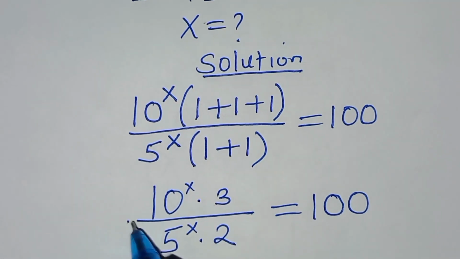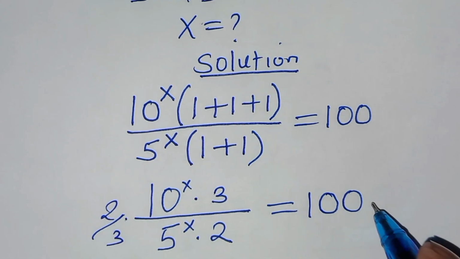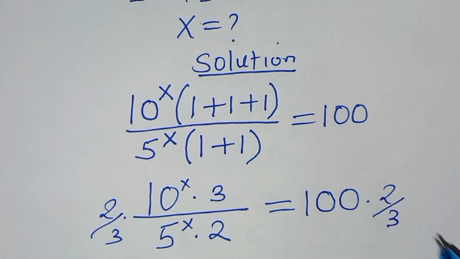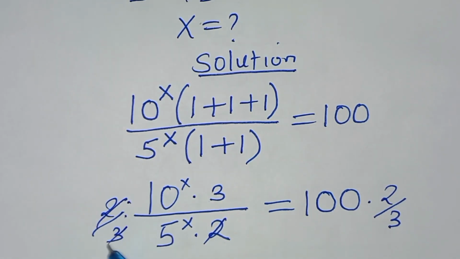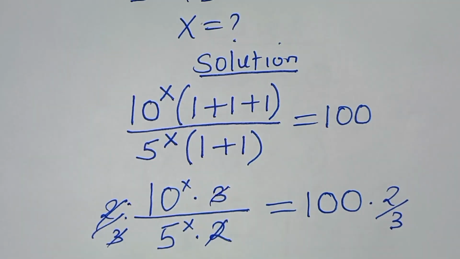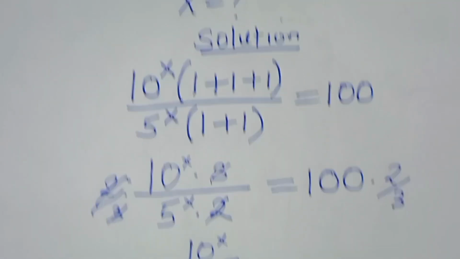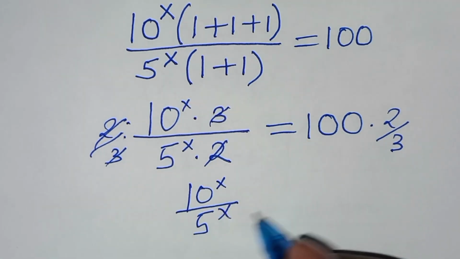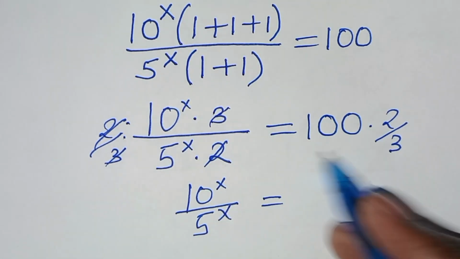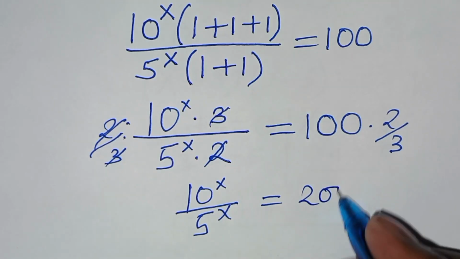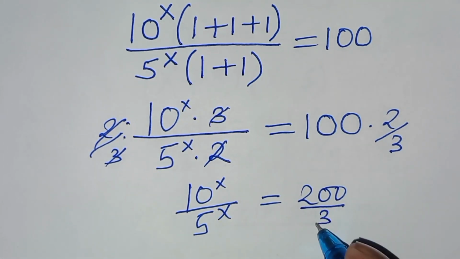So let's multiply both sides by 2 over 3, so that now here we'll have 10 to the power x divided by 5 to the power x. This is equal to 100 times 2, this is 200 over 3.